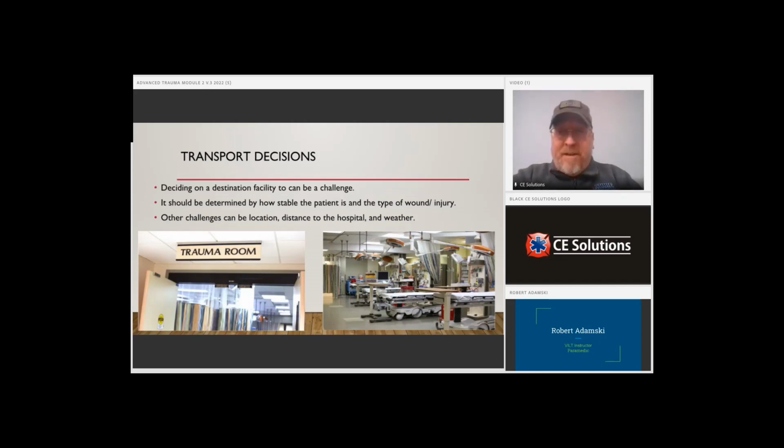So our role as EMS providers is to provide stabilizing treatment, get them there as soon as possible in a safe, effective, and efficient manner, and to make sure they get to that trauma surgeon, the cold hard steel, where they can repair and perform hemostasis and stabilize those patients.